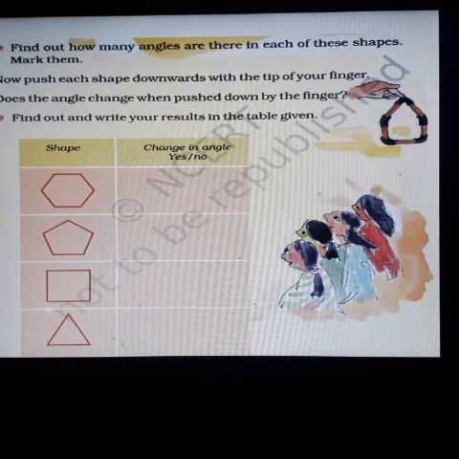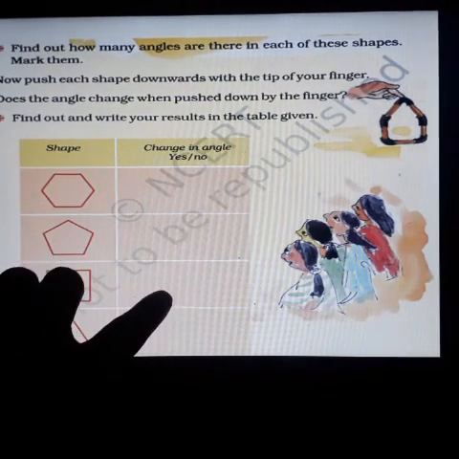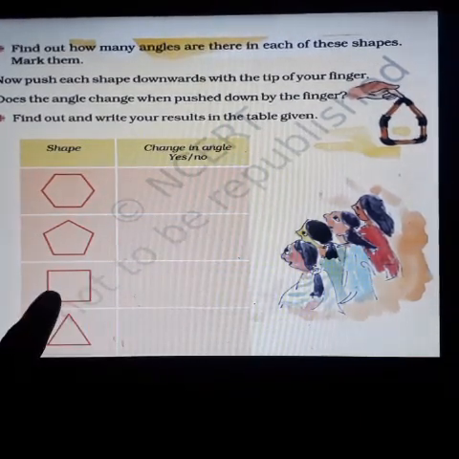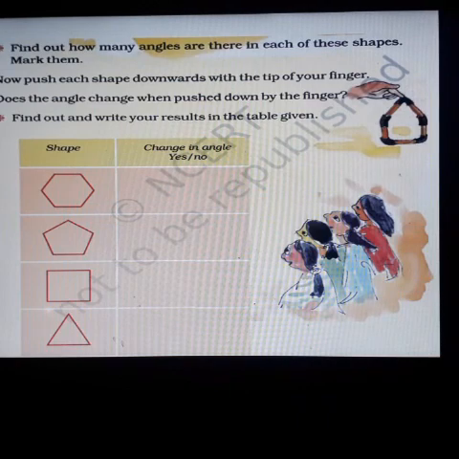So the answer is no. Same way in third number, if we press from the tip of any end, then also the shape does not change. Here the shape changes. Here a square is there, then it will become a parallelogram. Fourth number, if we press the triangle, the triangle does not change its shape.